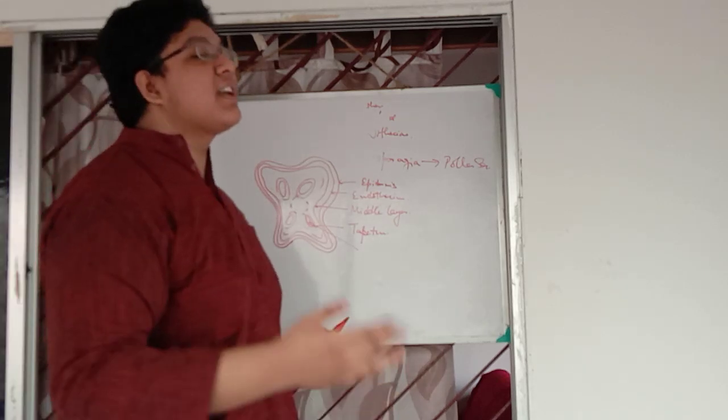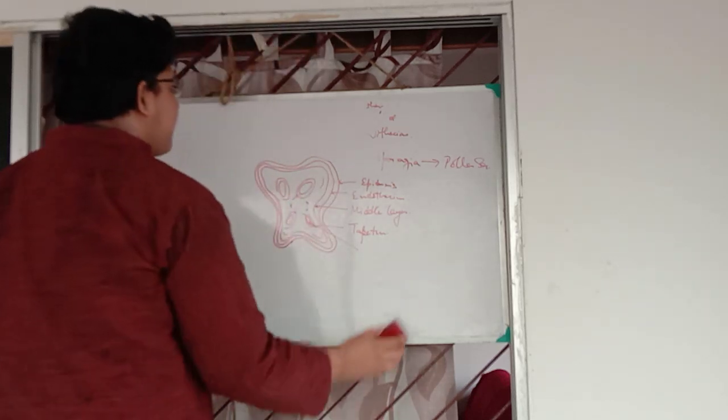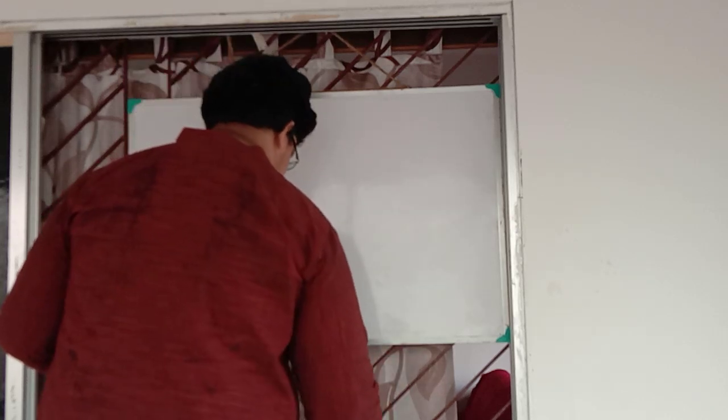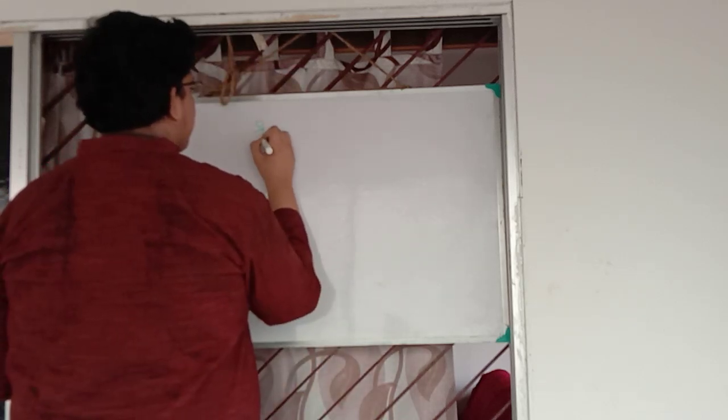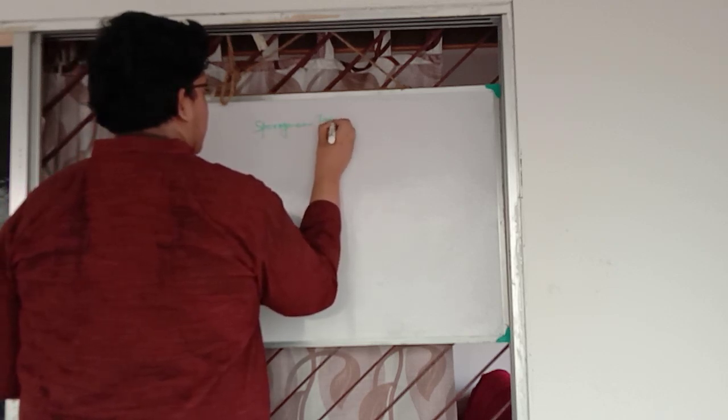Now, let us see the sequence of how the microsporangia mature and form. First is sporogenous tissue. I'm writing in red only, since green has a low wavelength and is not visible.